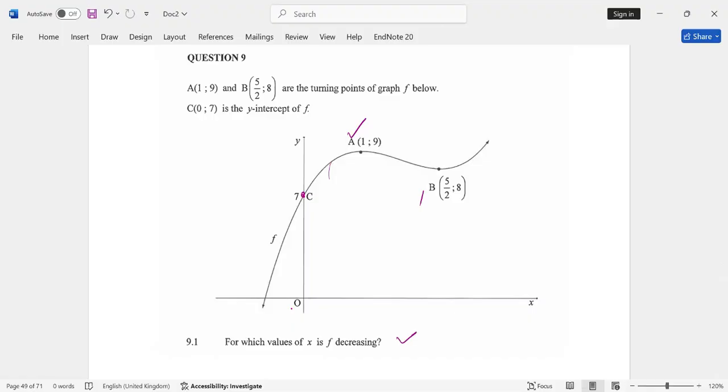A function f is decreasing when its gradient f prime of x is negative.